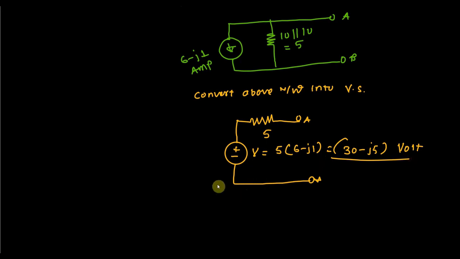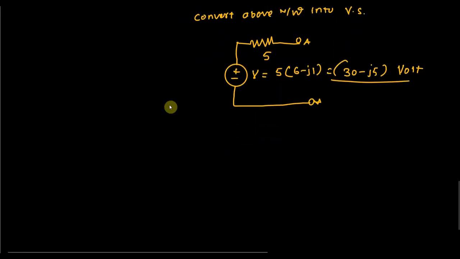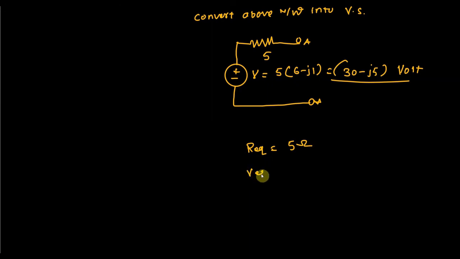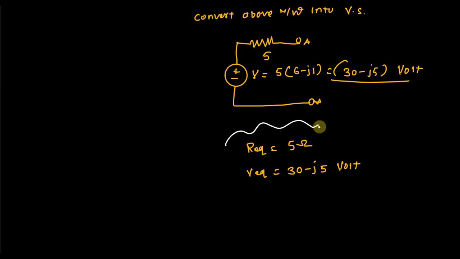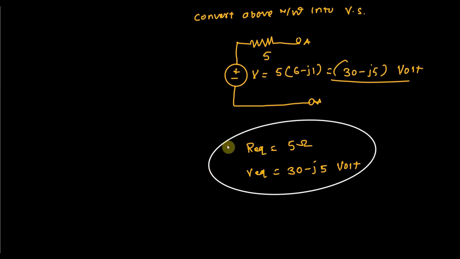So what we get after the conversion, the value of R equivalent is 5 ohm, and the answer for V equivalent is 30 minus J5 volts. Right? So in that way, I have found the source transformation numerical. Okay.